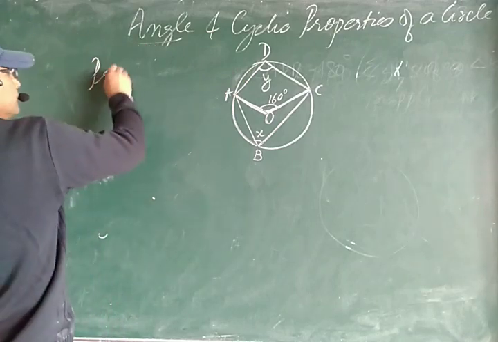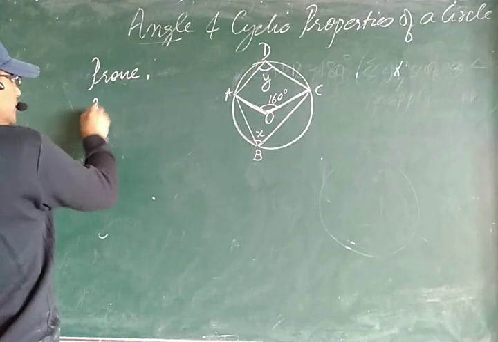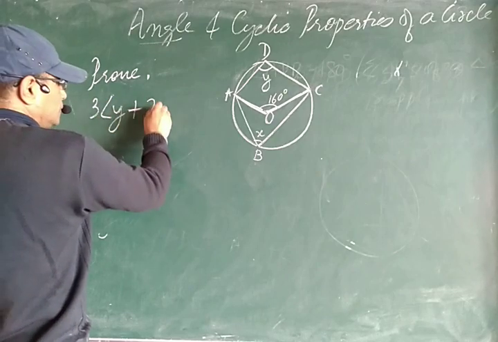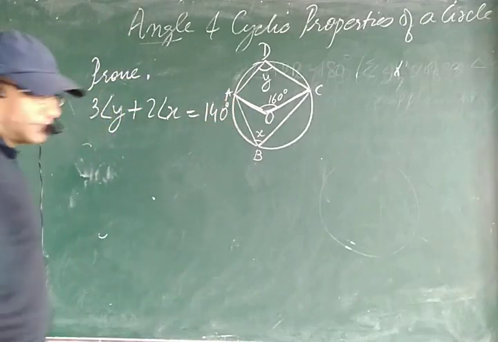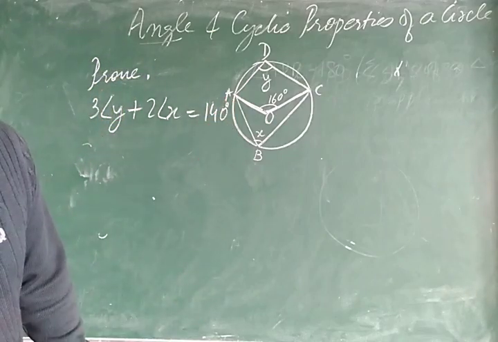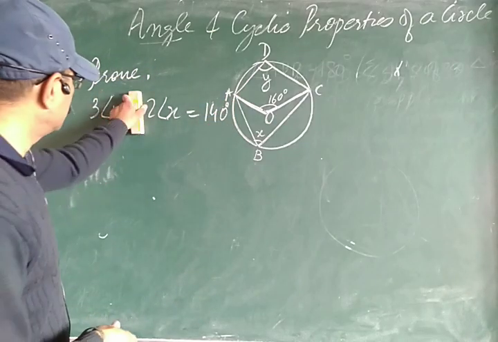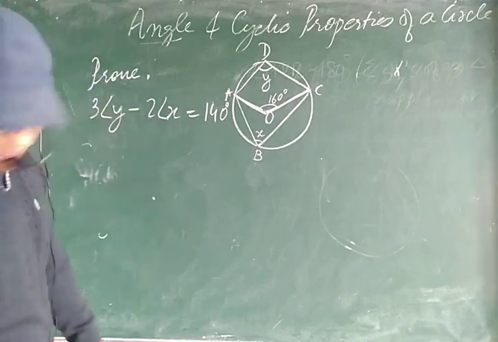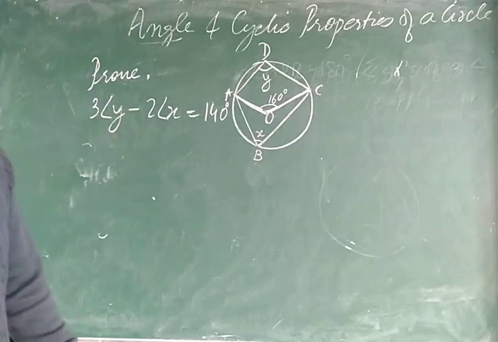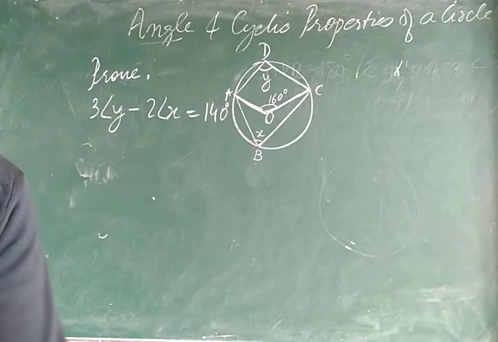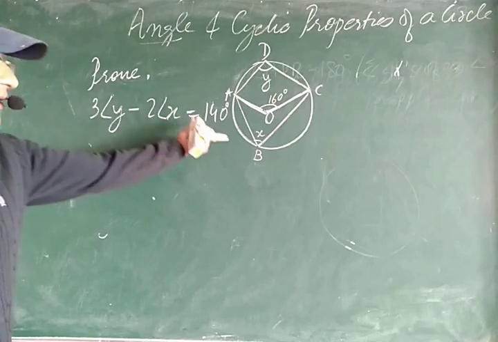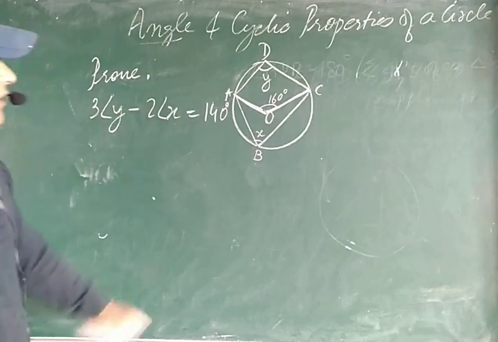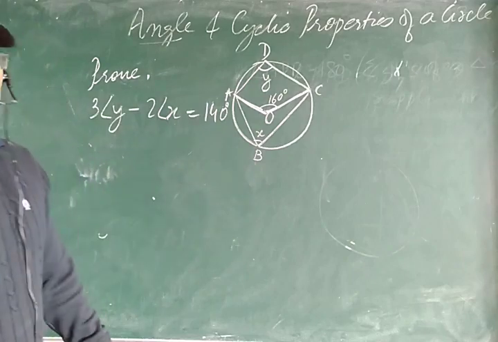Prove 3 angle y minus 2 angle x is equal to 140 degrees. This had come in the ICSE 2005. That means to say, if we can find the values of y and x, we can easily prove. Our work is to find the value of x and y.